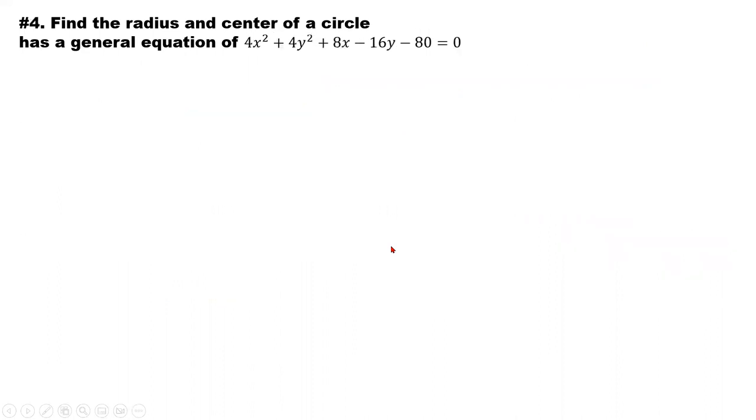number 4. Find the radius and center of a circle that has a general equation of 4x squared plus 4y squared plus 8x minus 16y minus 80 is equal to 0. As you can see on our given, we have a coefficient of 4 on x squared and y squared. So the first thing to do, if you have cases na makikita nyo yung ganito, may value yung ating x squared, may kasamang constant si x squared at si y squared.